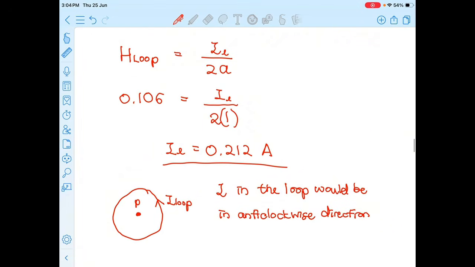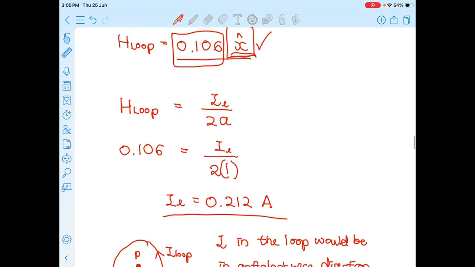This is how you determine the value of the current in the loop and also the direction. So you have to remember this formula.